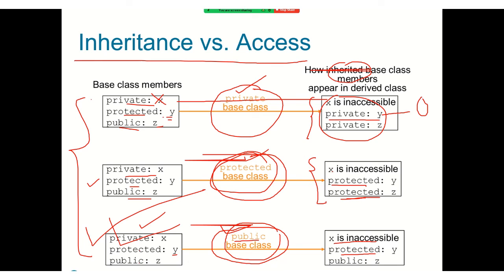But your derived class has access to that function or variable. So that's why you make it protected, so that you can pass it on through generations, to whoever inherits from you. But if it is private, then it is completely private. It cannot go through the pathway of inheritance.